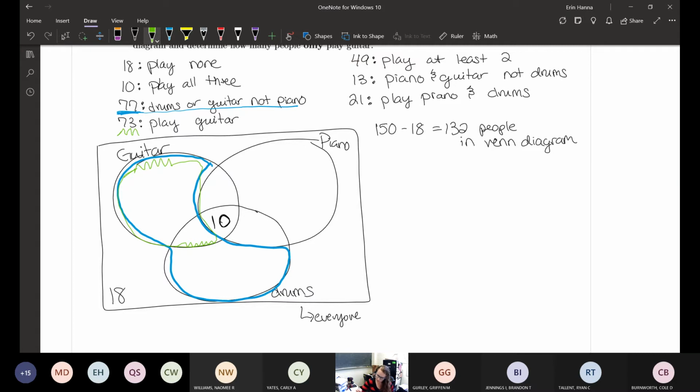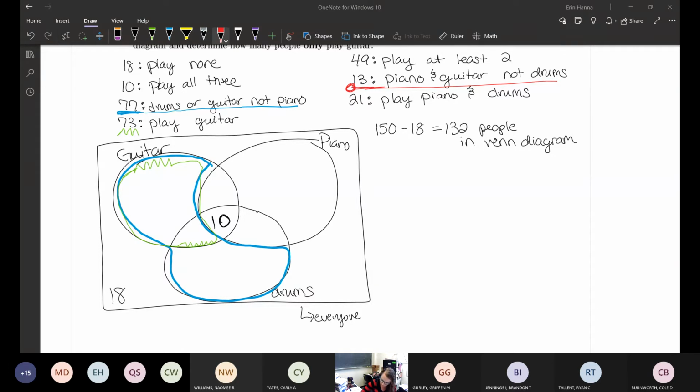And then what else have we got? We've got 49 people play at least 2. That's too hard to put out there. 13 people play piano and guitar, but not drums. So let's put that on there somewhere. Oh, no, I'm sorry.